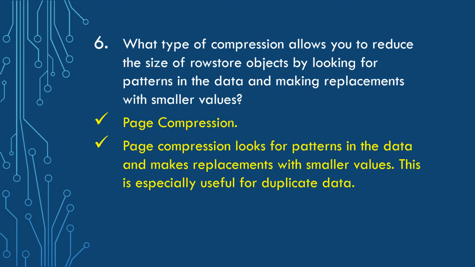What type of compression allows you to reduce the size of row store objects by looking for patterns in the data and making replacements with smaller values? So it is the page compression. The page compression basically looks for patterns in the data and makes replacements with smaller values.